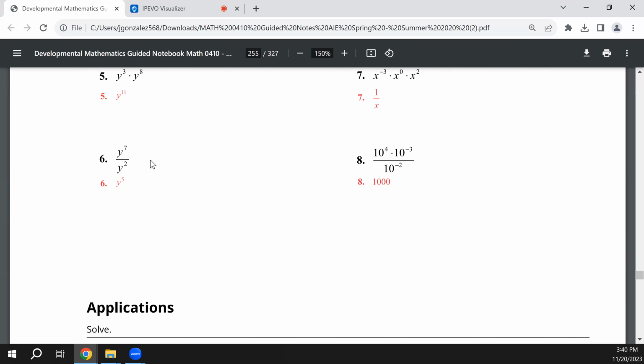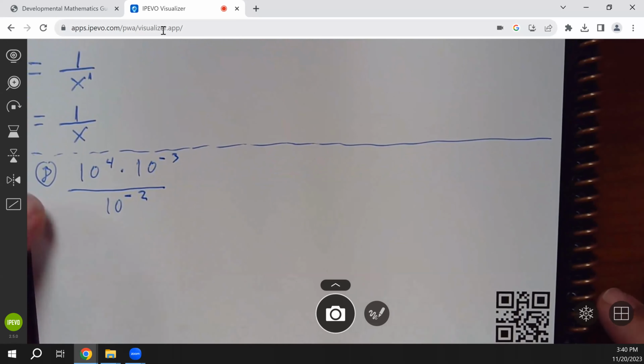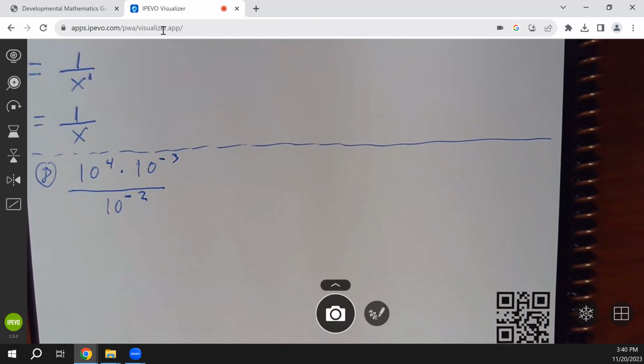Number 8. And fourth, and the -3, all divided by this. There's many ways you can do this. Doesn't matter how you start. Just choose something. What would you want to do first? What would you do first?